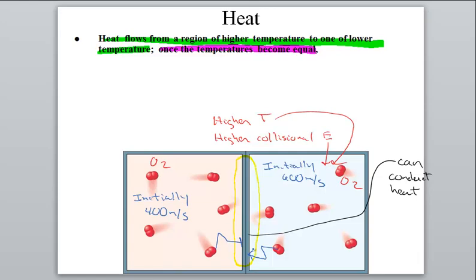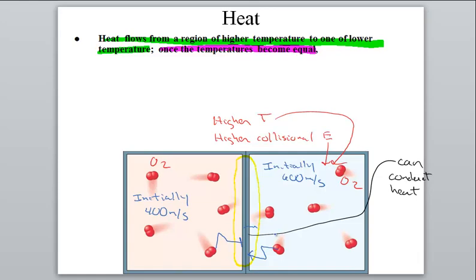So maybe those oxygen molecules collide, lose a little bit of their kinetic energy, and that wall material can move, and since it's a solid, vibrate with a higher velocity, so there's more kinetic energy in that solid. That vibrational energy can transfer through the material and go to the other side. And when the molecules on the other side collide, maybe that can be transferred.